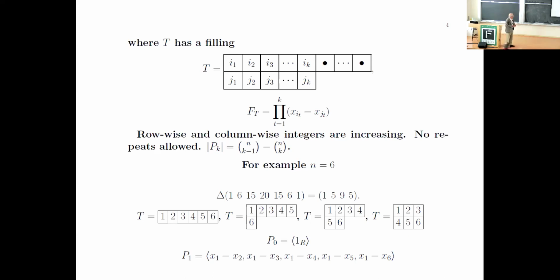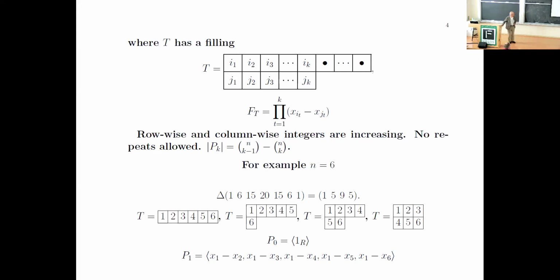Integers in boxes are row-wise and column-wise increasing, and no repeats are allowed. And the dimension of P_k is certainly the difference of the binomial coefficients.